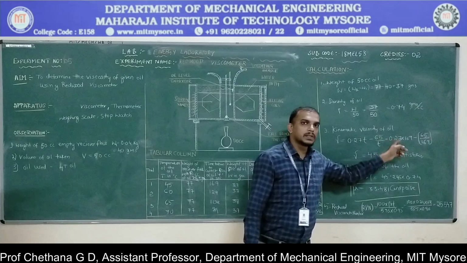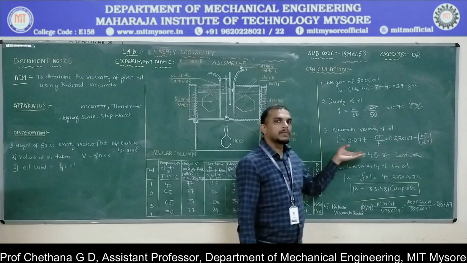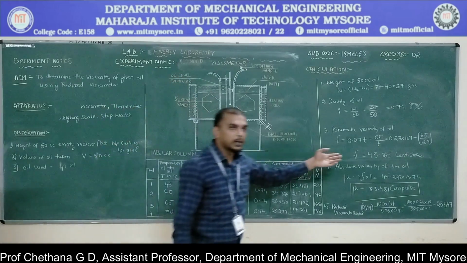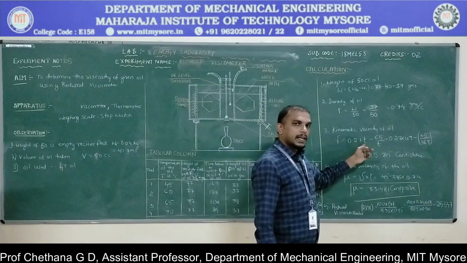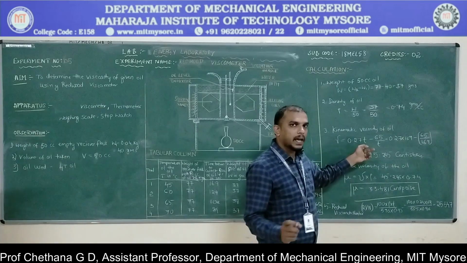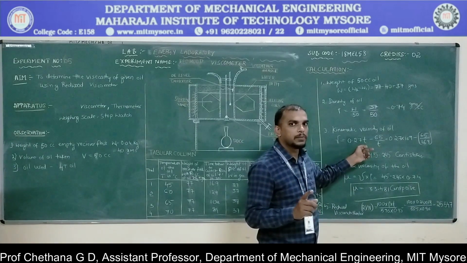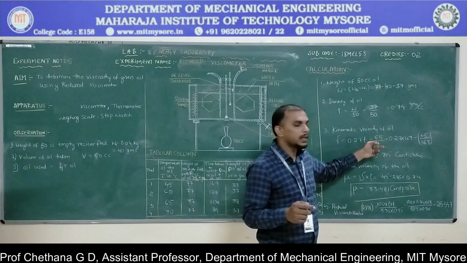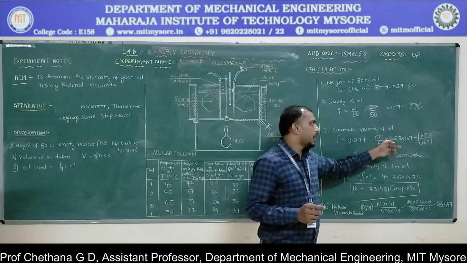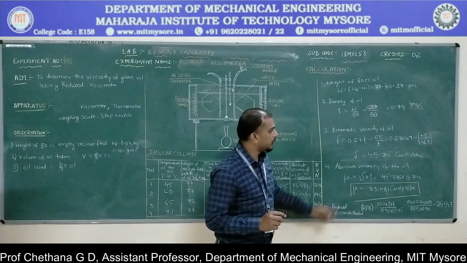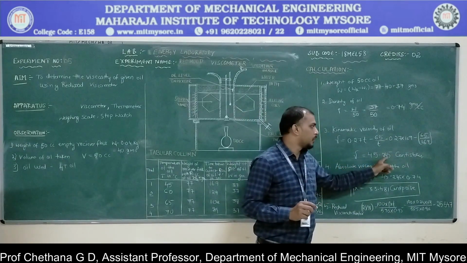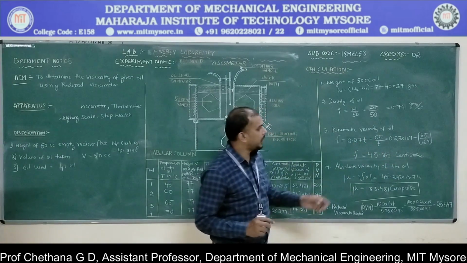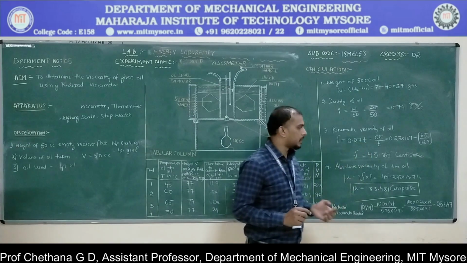Then kinematic viscosity of the oil, we have an empirical formula for Redwood viscometer, that is 0.227 into T, where T is the time taken for 50 cc oil to be flowing through the orifice, minus 65 by T. Then if you substitute the value here, we get 45.245 centistokes. So this is a direct value which we get when you substitute time in seconds here.